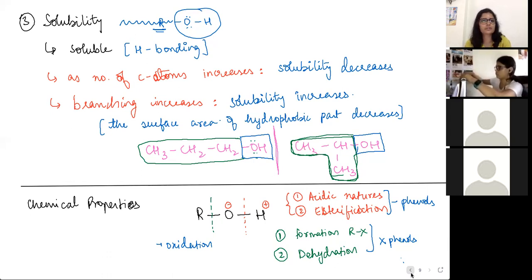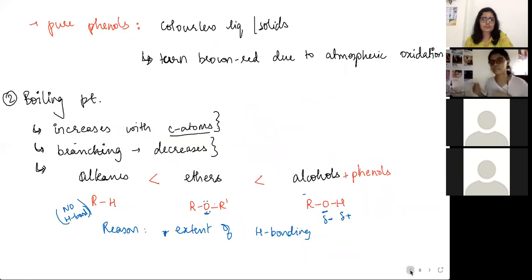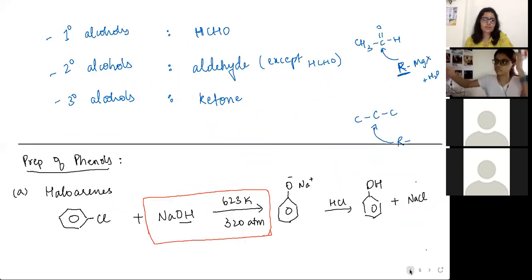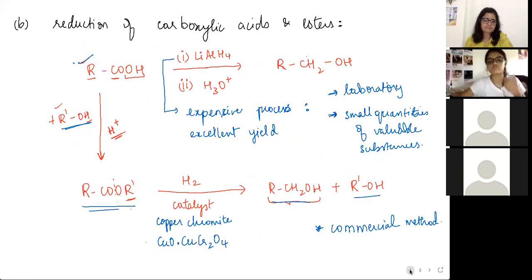Preparation of phenols we have also done, so I'll take that up as well. So it's basically alcohols and phenols until before chemical properties, all the preparation methods.